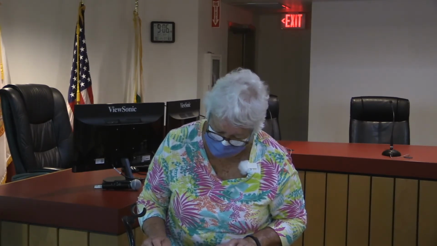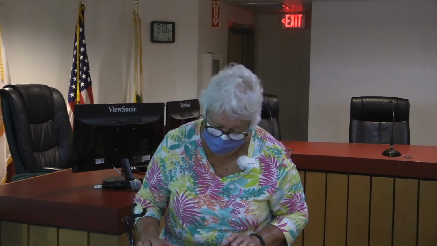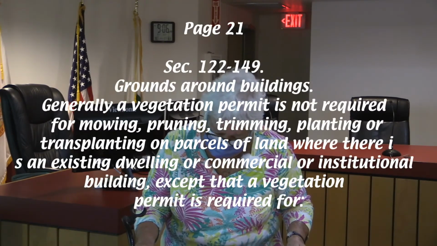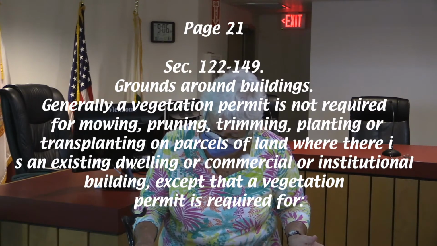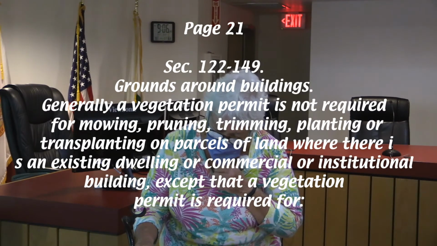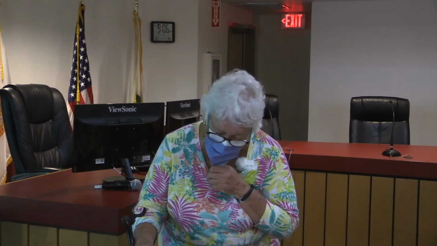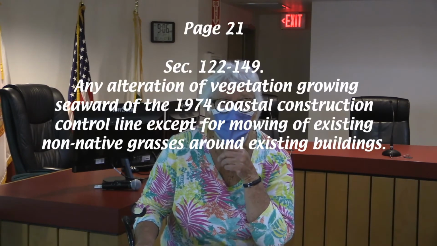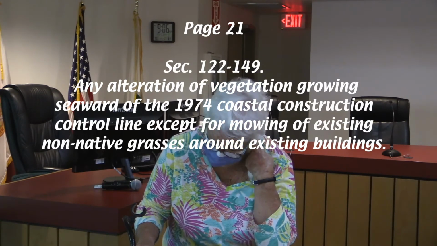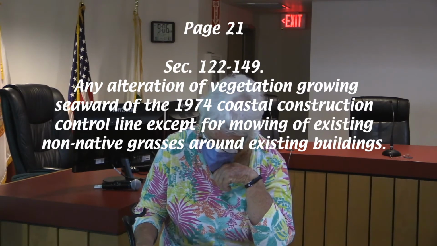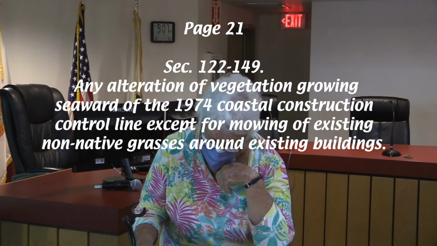Okay, grounds around buildings. Generally, section 122-149, generally a vegetation permit is not required for mowing, pruning, trimming, planting, or transplanting on parcels of land where there's an existing dwelling or commercial or institutional building, except that a vegetation permit is required for any alteration of vegetation growing seaward of the 1974 coastal construction control line, except for the mowing of existing non-native grasses around existing buildings.